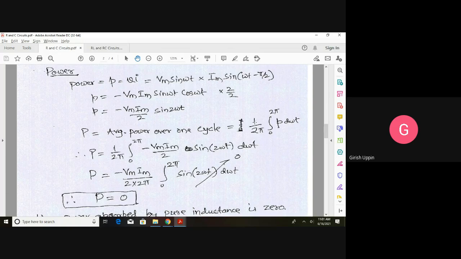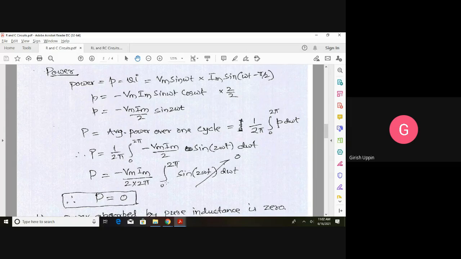That is why it is 1 divided by 2 pi, integration 0 to 2 pi, p d omega t, where p is minus Vm Im by 2 into sin 2 omega t. Here you can see Vm is constant for the applied voltage, the resulting current Im is constant, the peak values are constant, and 2 is constant. So all these entities are constant.